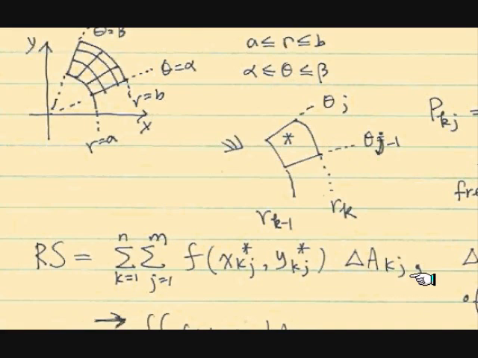So we're going to write everything here in terms of r star and theta star. If you choose those points, let's say this is the kj-th piece, then we have that point with x coordinate and y coordinate, but it has an r value and a theta value. So that will have r_kj, and that will have theta_kj.